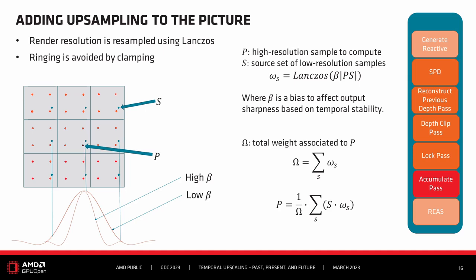And for that we will modify the Lanczos function with a beta value, which is based on the temporal stability we detect for that region of the screen. And then we will accumulate all those color values weighted with the Lanczos weight and accumulate the Lanczos weight, and then use that to normalize the pixel color as usually done with filters.